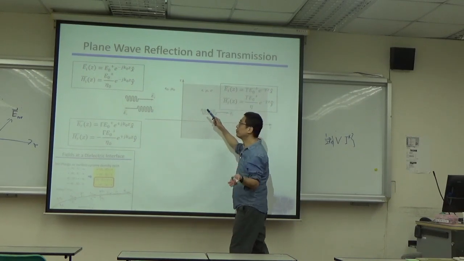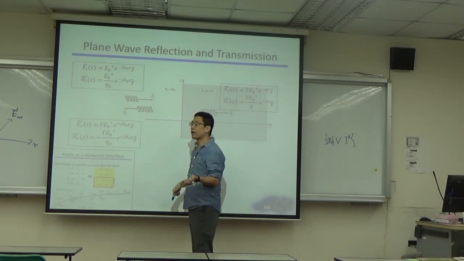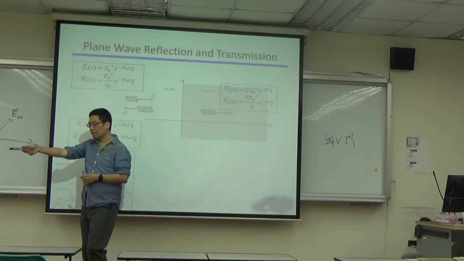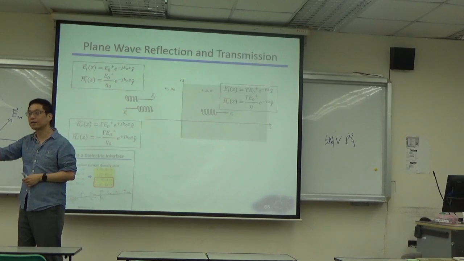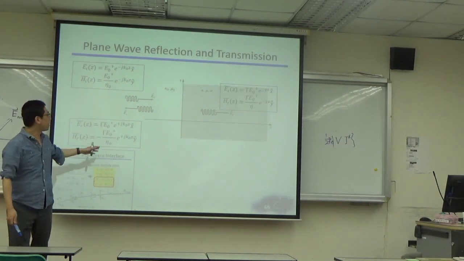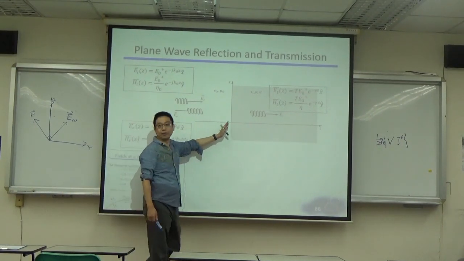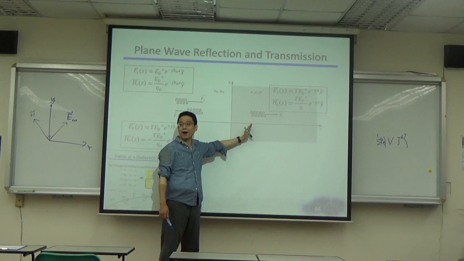I just give you the question like I give you the numbers the same as your quiz. I tell you it's from air, and there is another material, epsilon r equals something.